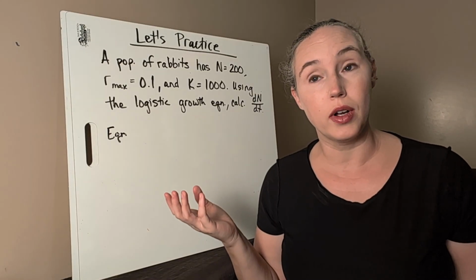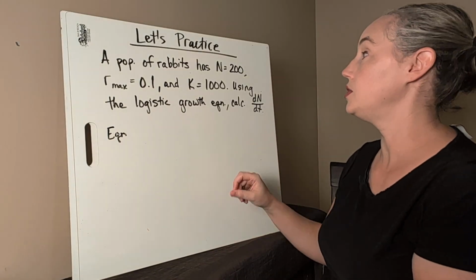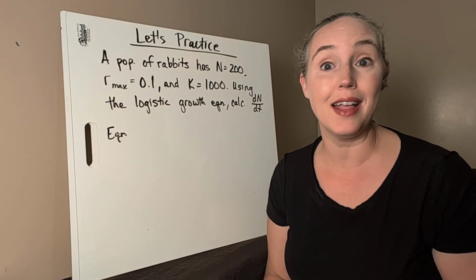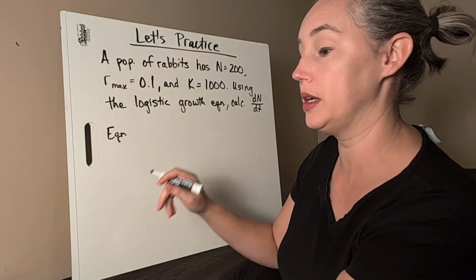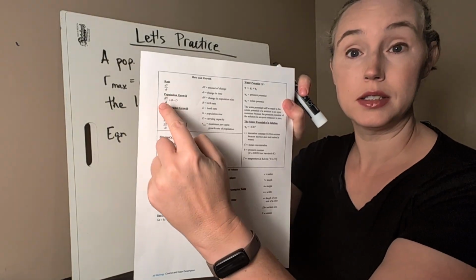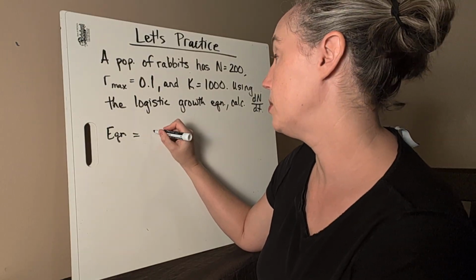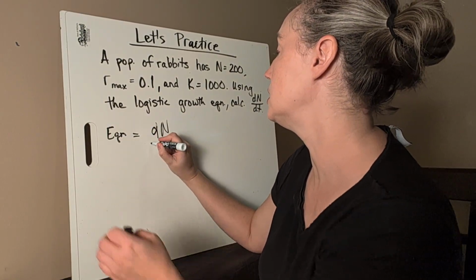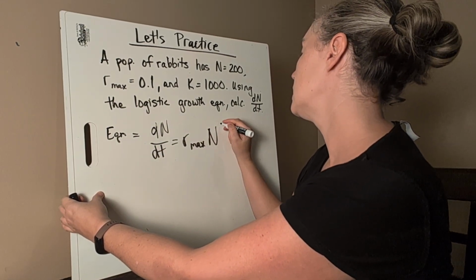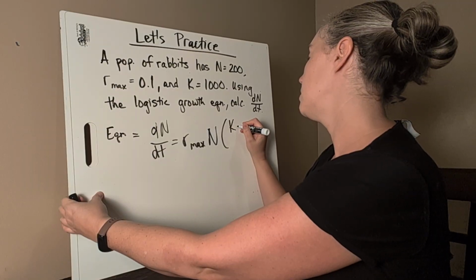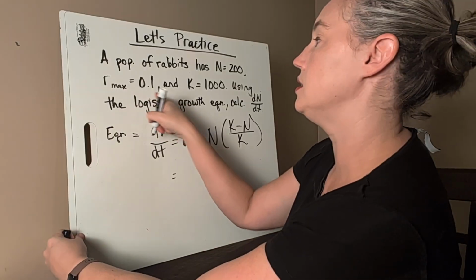But there's no guarantee that the AP Bio exam will tell you what equation to use. But if you have N, R max, and K, that's a strong hint that you need to use the logistic equation. So again, that equation, these are found on the second page of the AP Bio formula sheet, is dN over dt equals R max N times K minus N over K. All right, let's plug in.